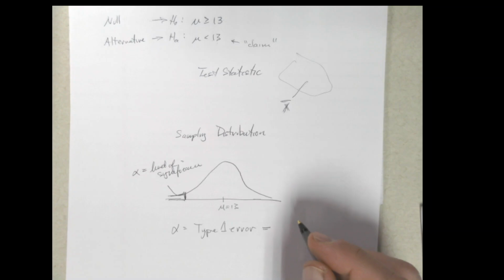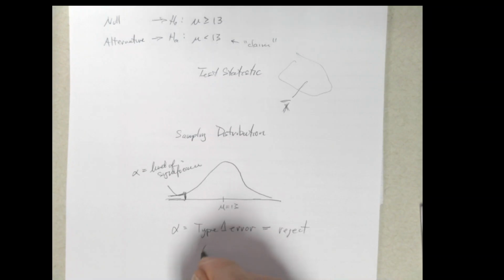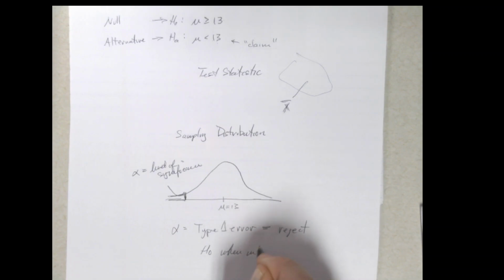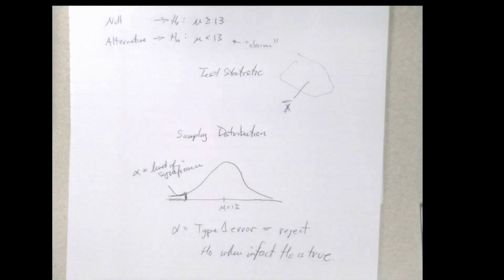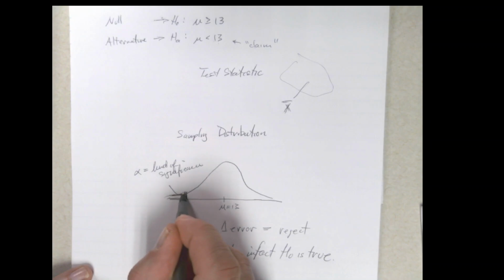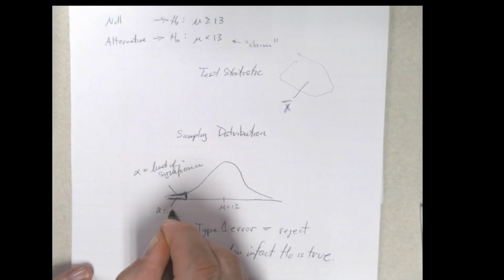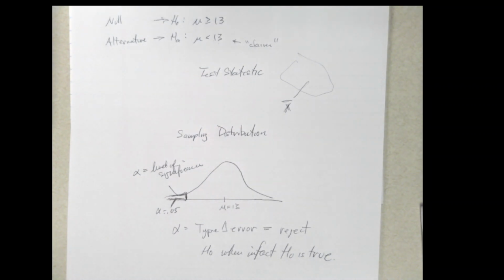It's the probability that you reject H0 when in fact H0 is true. It's also the area of this region here, the rejection region. So let's just say alpha is equal to 0.05. And this is something you determine beforehand. Say I want to use a test with an alpha equal to 0.05.